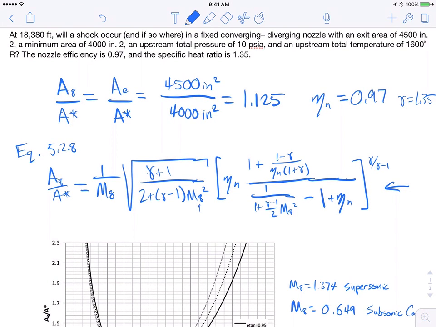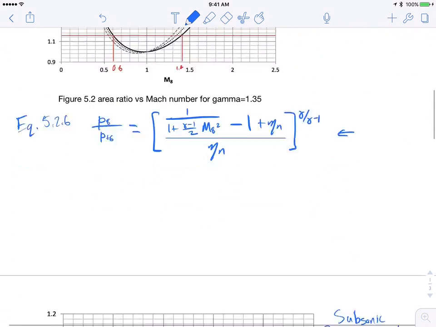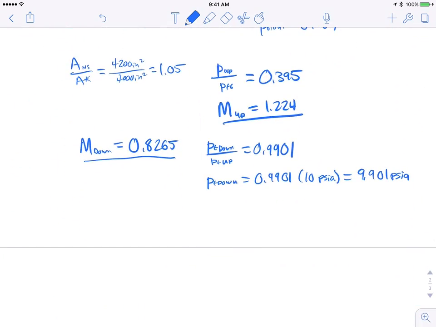Putting in that Mach number, we calculate a new A over A star value at this location. We can say A over A star is going to be equal to 1.022.